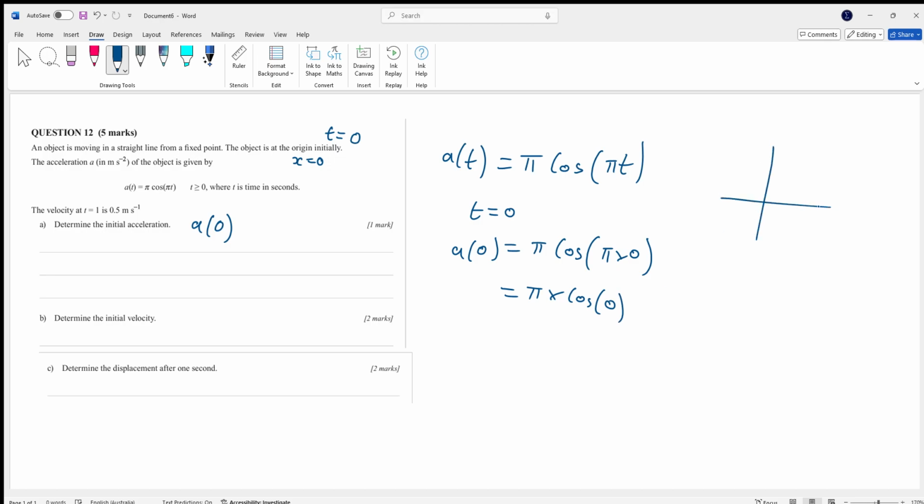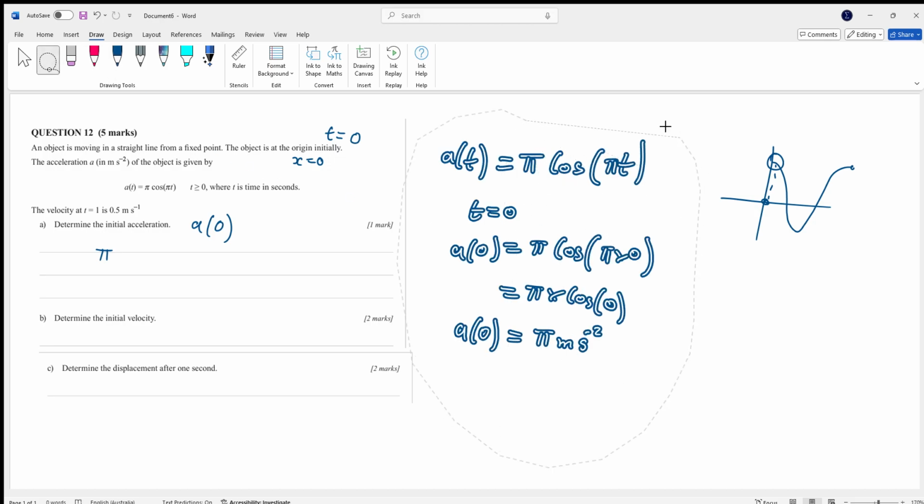Now, if we remember the cos curve, when you're at 0, the cos value is 1. So cos of 0 is 1, not 0. So the acceleration initially, or when t equals 0, is pi meters per second squared. So the correct answer here is just pi. However, I would probably show this working just in case.